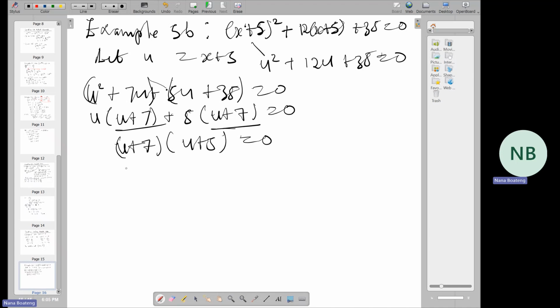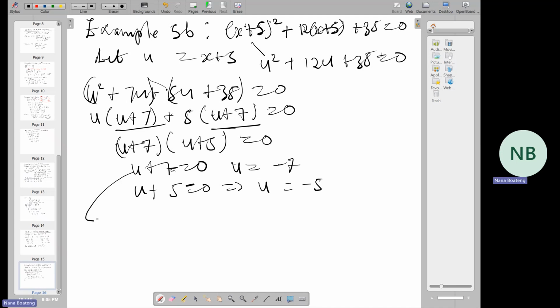So that means u plus 7 is equal to 0, so u is equal to negative 7, and u plus 5 equal to 0 implies u is equal to negative 5. But we said u is x plus 5. So this means x plus 5 is equal to -7, which means if we subtract 5 from both sides, x is equal to -12.